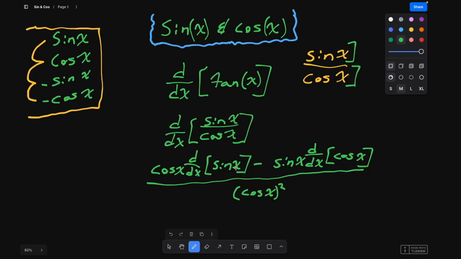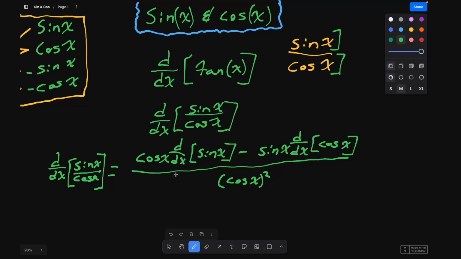Low d high minus high d low, square the bottom. So that is how we set up the quotient rule of sine x over cosine x.